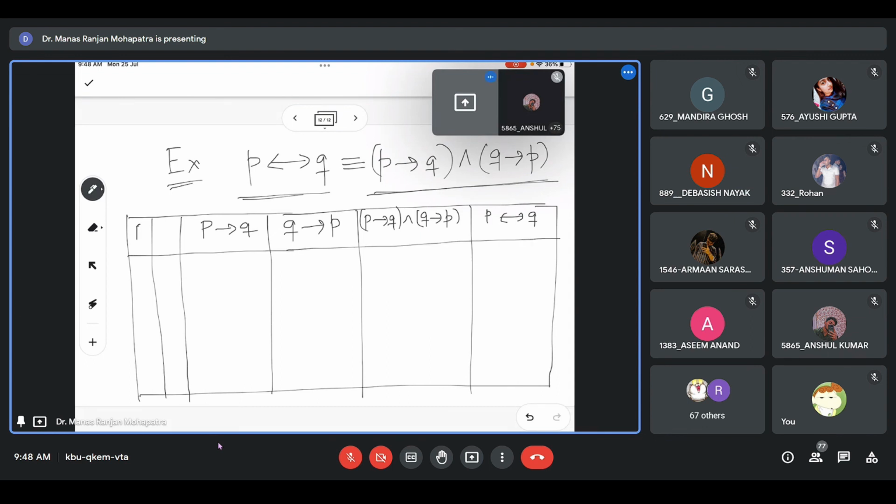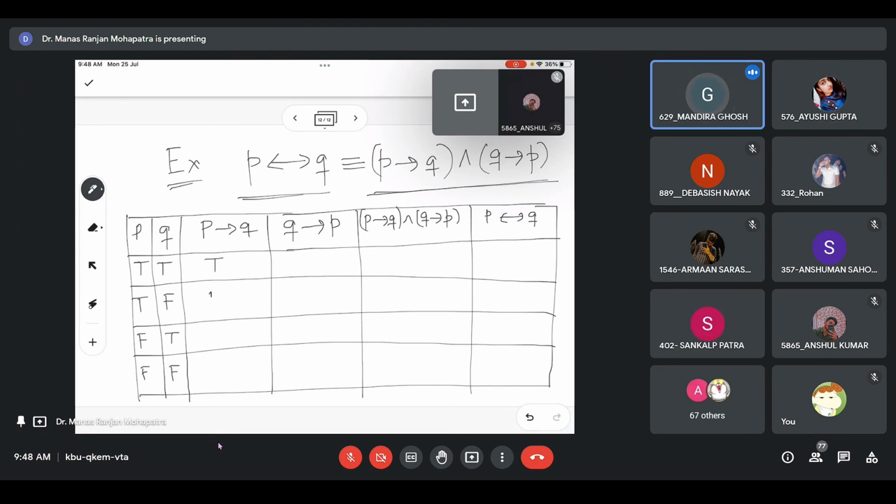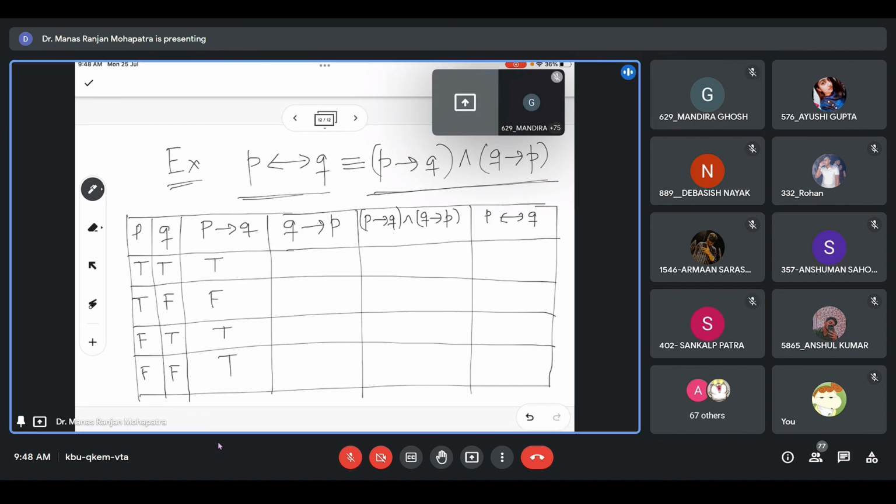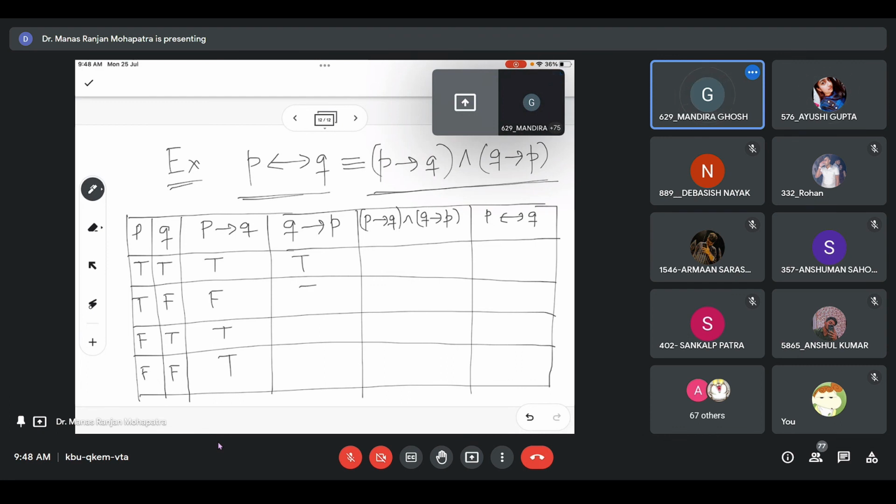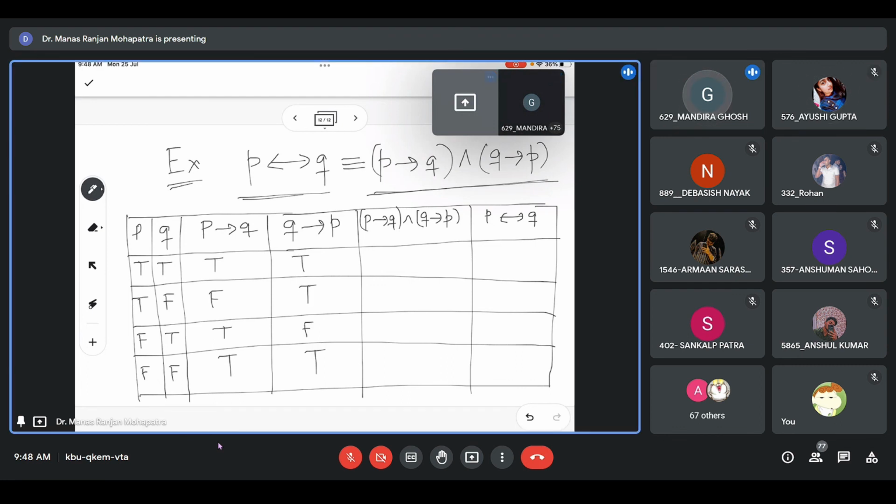I have P, Q here. Okay, so I have these choices: true, true, true, false, false, true, and false, false. Now tell me, what is P implies Q? True, false, true, true. What is Q implies P? True, true, false, true. How about the conjunction of these two statements?